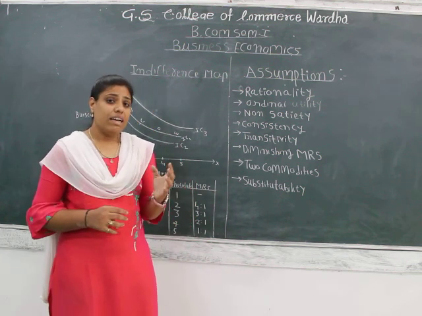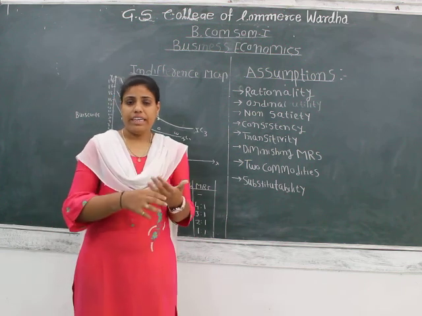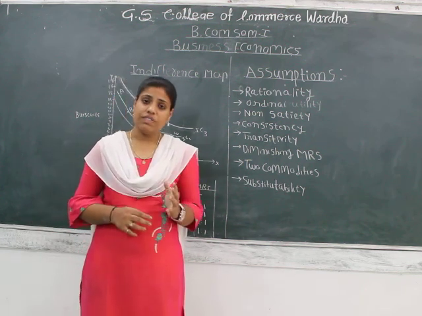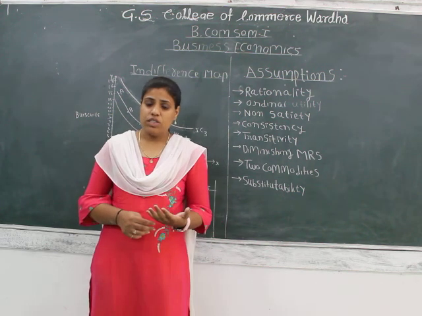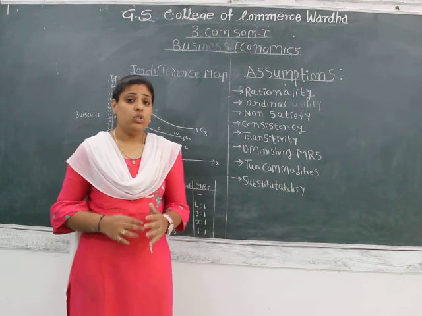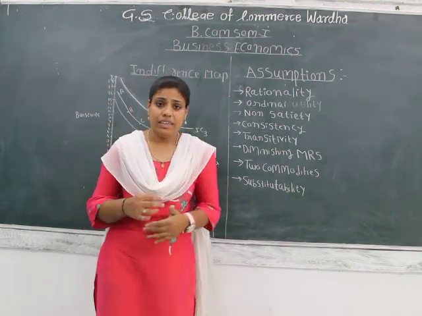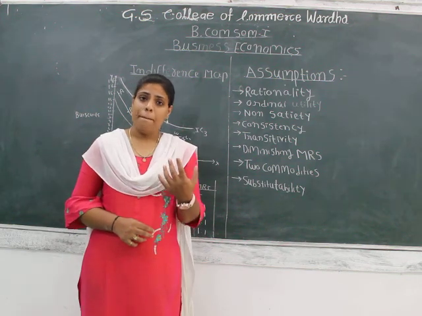So, when a single indifference curve is drawn containing the various combinations which give equal satisfaction to the consumer, it is termed an indifference curve. But when many indifference curves are drawn, then it is known as indifference map.